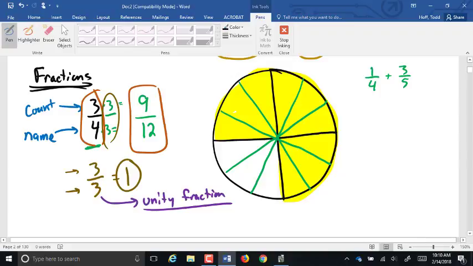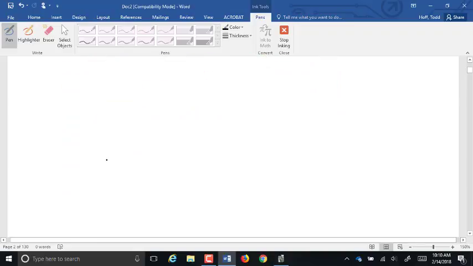Now here, as I said, we just picked that value of 3 to divide each slice into 3 pieces. In practice, most often, we are going to have to figure out what that number is. For example, let's say we have the fraction 2/5, and I want to change it into 20ths. I need to figure out what I am going to multiply both of them by.